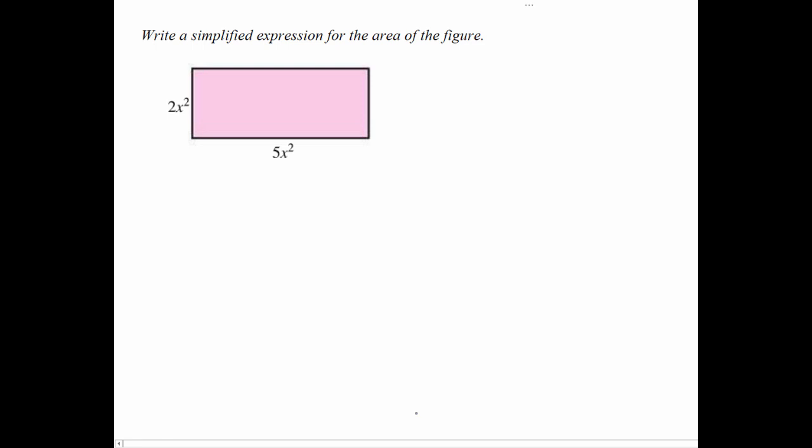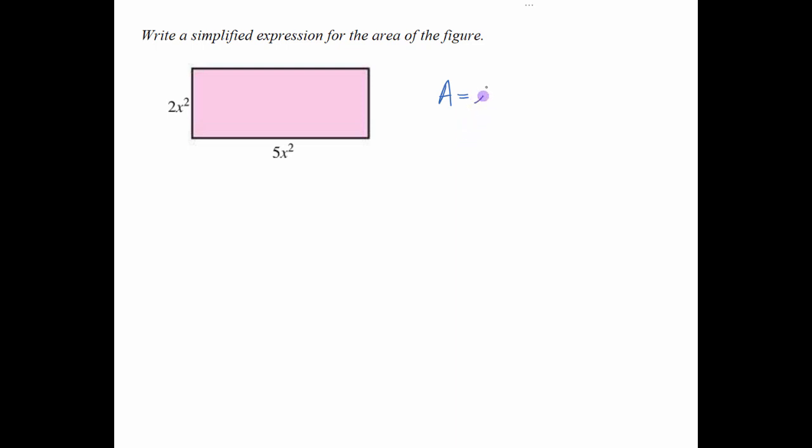Later, you're going to use this type of skill when you're doing geometric problems. So this is a part of one of those problems. We have a shape here. We're going to assume that it's a rectangle, and one side is 2x squared in length, and the other side is 5x squared in length. If we want a simplified expression for the area of the figure, what we need to do is remember the formula for the area of a rectangle.